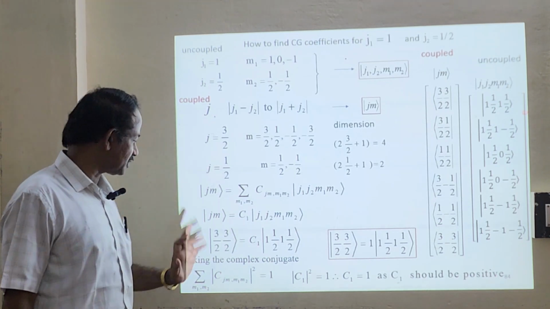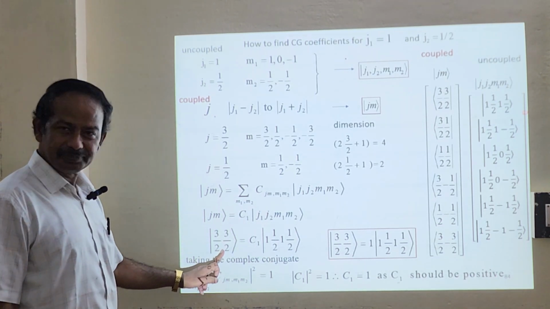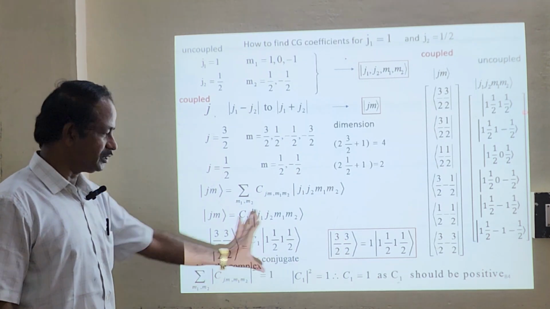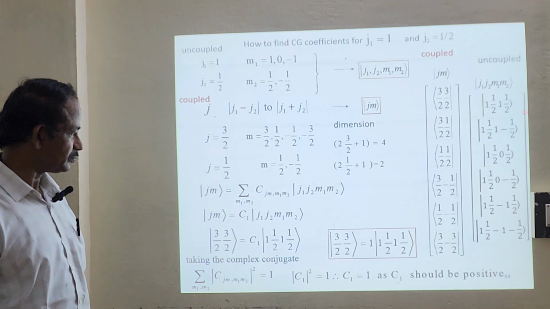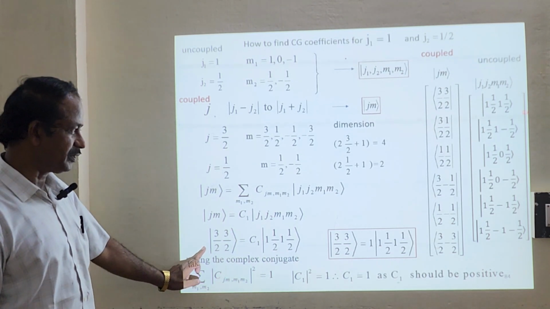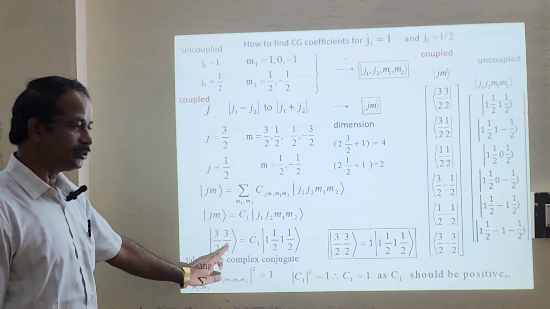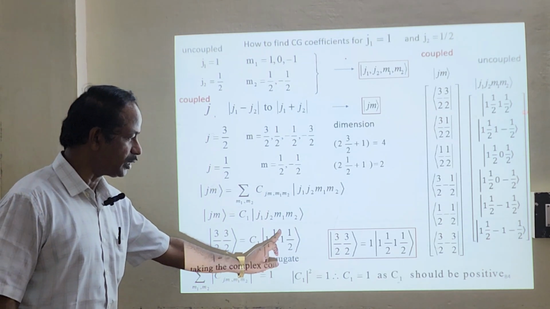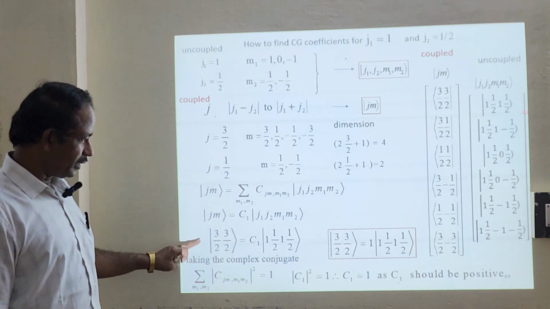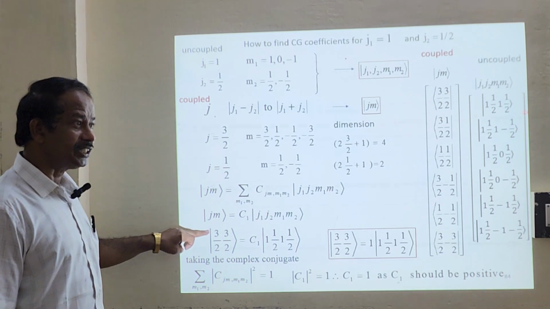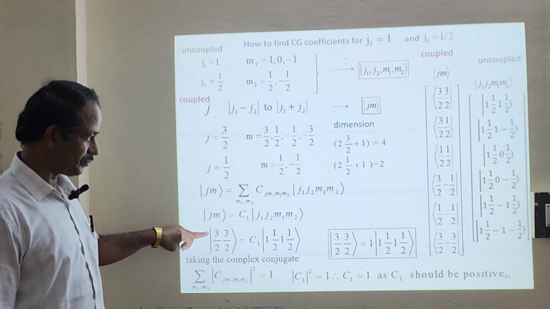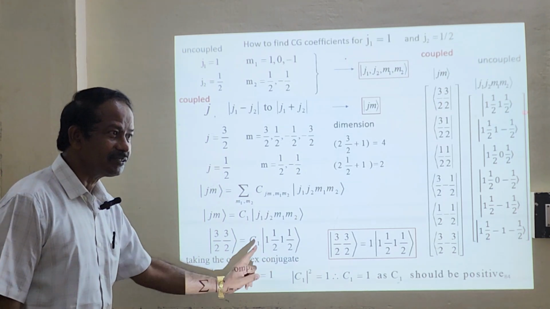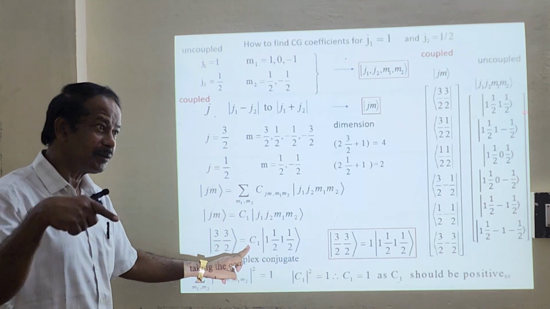The first one, we will calculate the first one. So 3/2, 3/2 is equal to C1 times 1, 1/2; 1, 1/2. Is it okay? Very simple one. Now C1 we are going to find out. Just take the bra of this vector, the answer will be 1. You will have to multiply with the complex conjugate, correct?